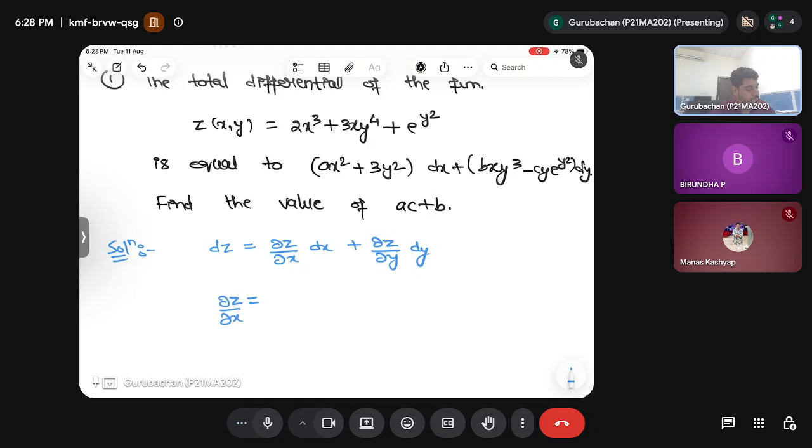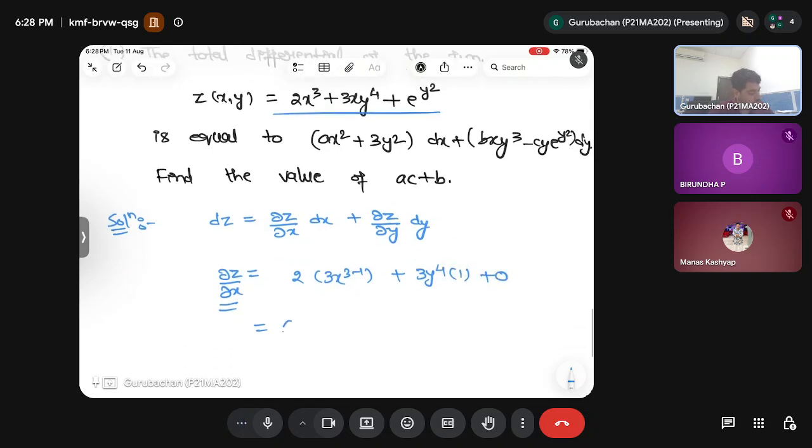We know that z is a function of x and y, so you need to differentiate with respect to x, keeping the other variable constant. So this will be 2 into 3x square plus 3y to the power 4, and the differentiation of x is 1, and the third term will be 0. So this will give you 6x square plus 3y to the power 4.